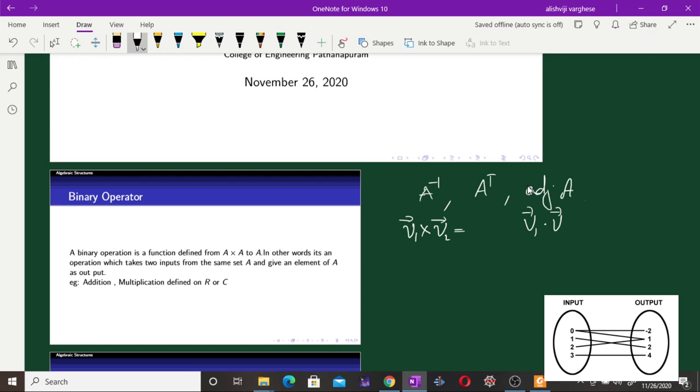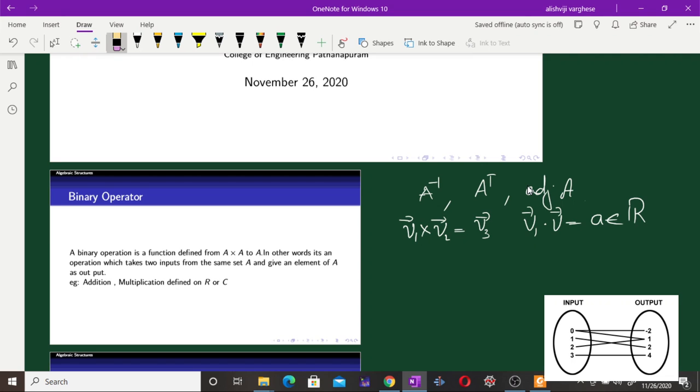When we take v1 cross v2, the output is a vector, something like v3, and when we take the dot product, the output is a scalar, something like a, an element of the set of all real numbers. So in the first case, the cross product is a binary operation, and in the second case, it is not the kind of operation which we are dealing with here. The output does not belong to the set of all vectors.